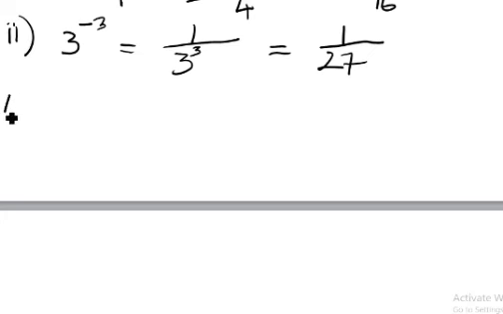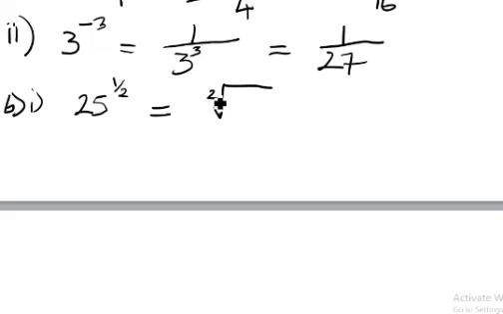Number 6. Number 6i. I have, for example, 25 raised to the power 1 over 2. From the law of indices, the sixth law, anything raised to the power half is the square root.